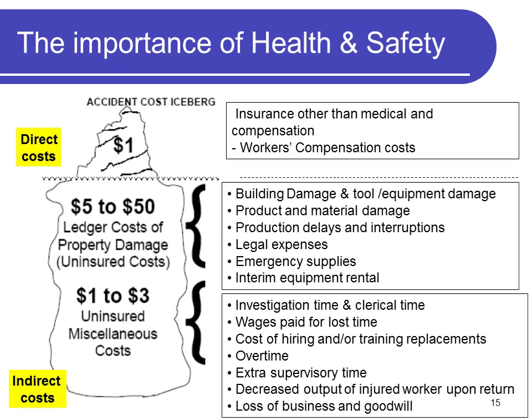Extra supervisory time could be a result of overtime, or of training other new employees, because we need to hire new employees, and decreased output of the injured worker upon return. This is related to when you come back. If you think about playing some sport, when you come back after an injury, it takes time to come back and get up to speed.